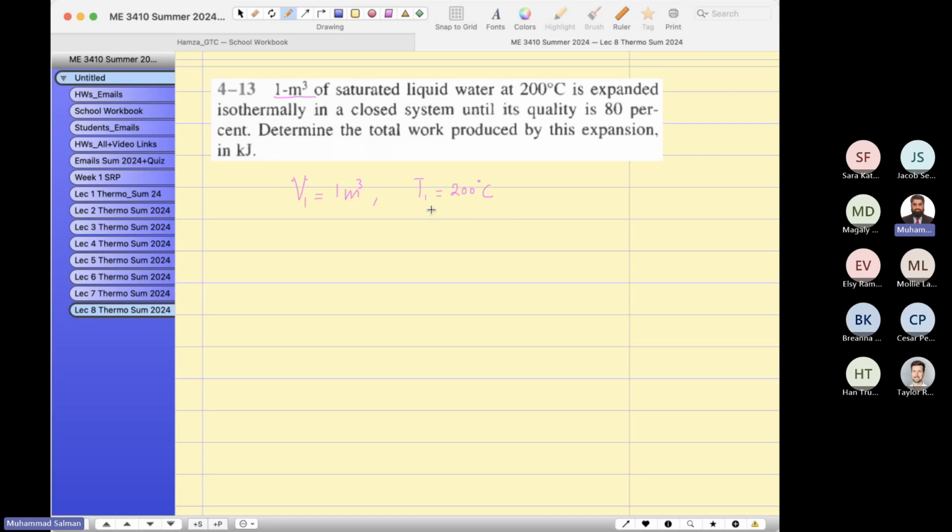It is expanded isothermally. So this is an expansion taking place in an isothermal process until the quality is 0.8.